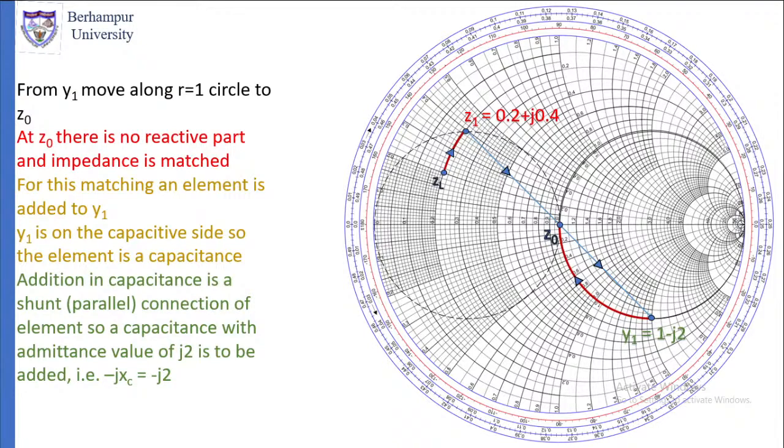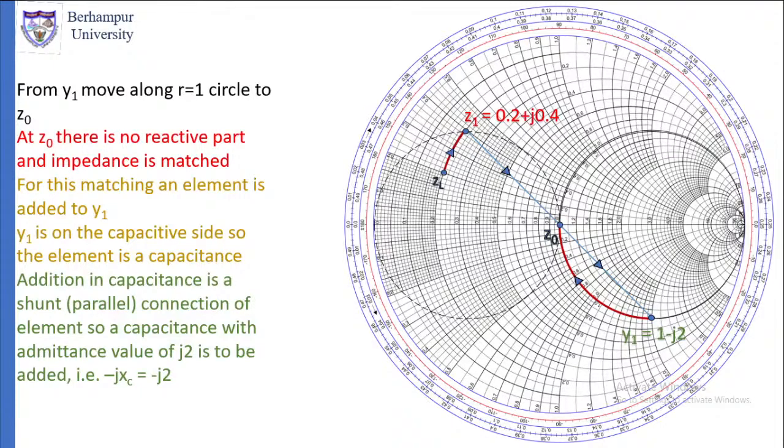The resistance will always remain equal to 1. Only reactance will change. Reactance is capacitive here, 1 minus j2, so we will add a capacitive reactance.